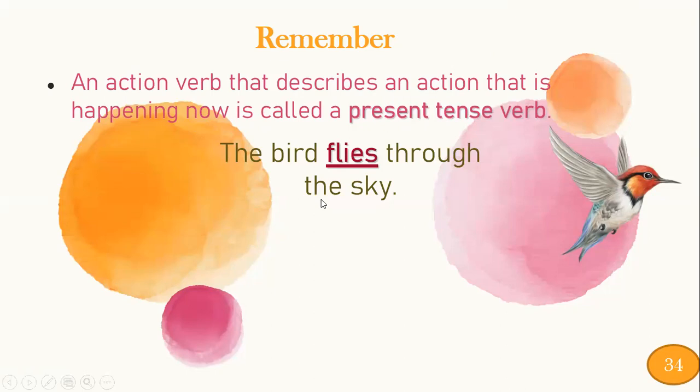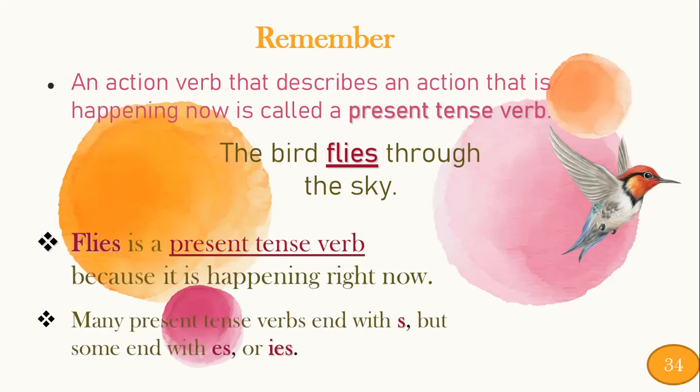Okay. So the bird flies through the sky. Flies, this is happening now or it happens in the present. So I have to put the verb in the simple present. I'm reminding you with this tense because I want to remind you how to write the verb correctly according to the subject. So flies is a present tense verb because it's happening right now.